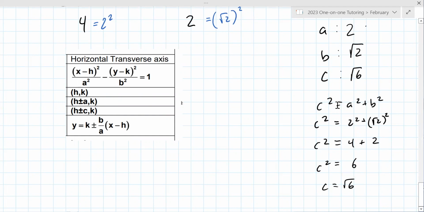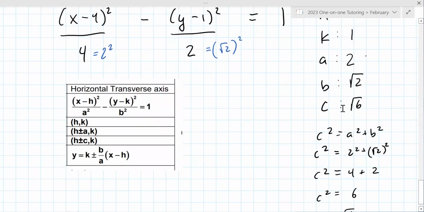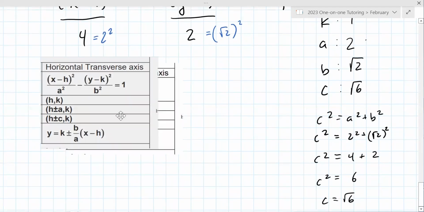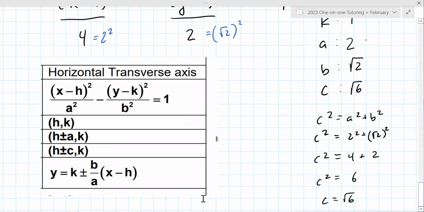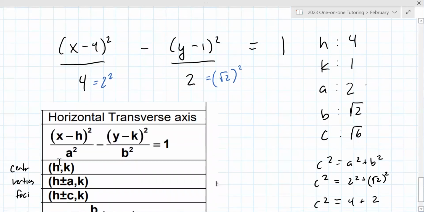Okay. So all of that stuff's really important to find because everything you're asked for comes from those numbers. That's why they're so important. So this is the center, the vertices, foci, and then the asymptotic equations. Okay, so your center is HK. We've got that down. That's 4, 1.